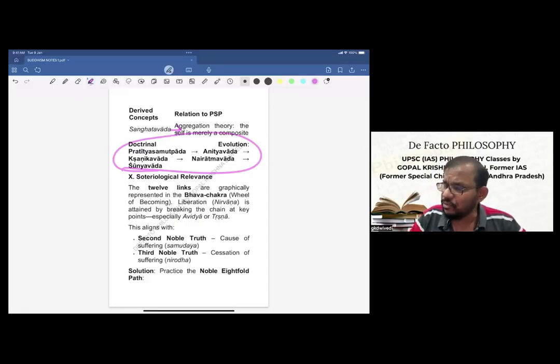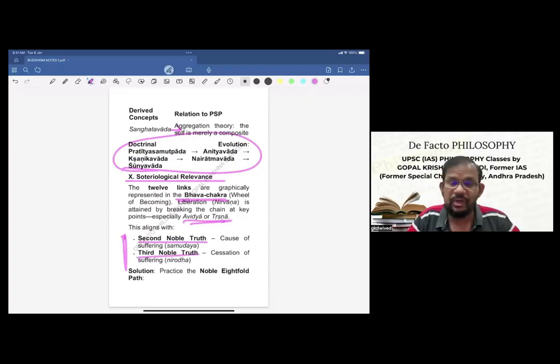Now, what is the soteriological relevance of Pratityasamutpada? Let us understand that also. The 12 causal links we have seen already are graphically represented in the Bhavachakra. Bhavachakra is the wheel of becoming. Liberation is attained by breaking the chain at key points, especially avidya or trishna. So this aligns with the second noble truth, that is the cause of suffering, and the third noble truth, that is the cessation of suffering.